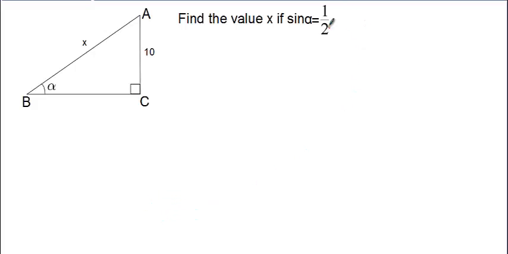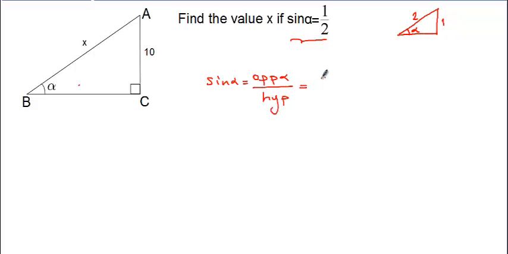Here now the sine alpha value is given, like we have one small triangle in our mind, like alpha, and the opposite of alpha here 1, and hypotenuse is equal to 2. And we are going to relate this to triangle. With respect to the given triangle, the sine alpha must be opposite of alpha over hypotenuse, and it's equal to 10 over x.